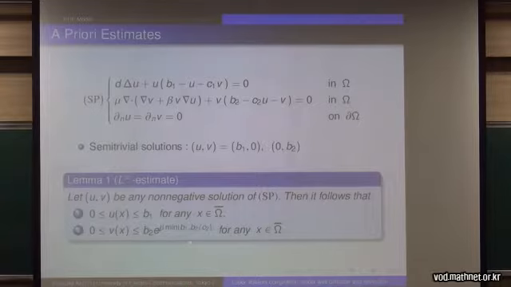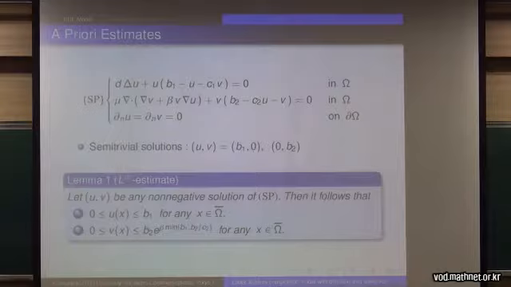So I can say that this estimate for u is optimal because u equals B1, v equals 0 is a solution. But I think this estimate for v is far from optimal, so it should be improved. But here I want to say that these estimates up to now are independent of D and mu here.